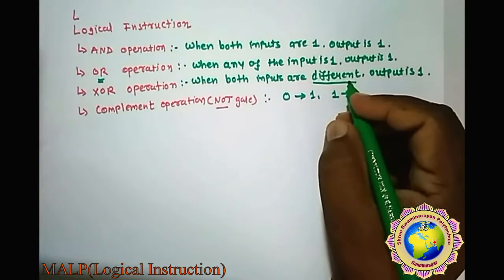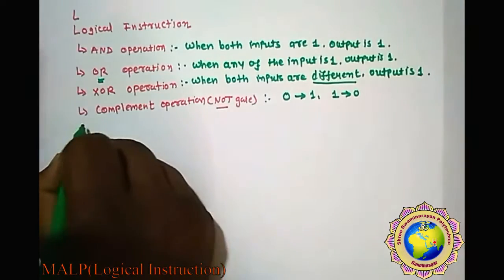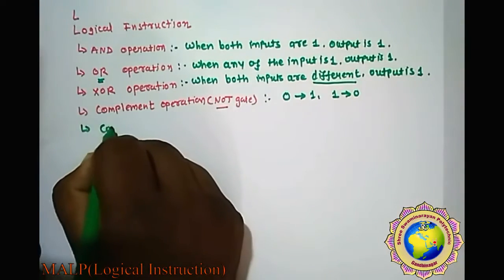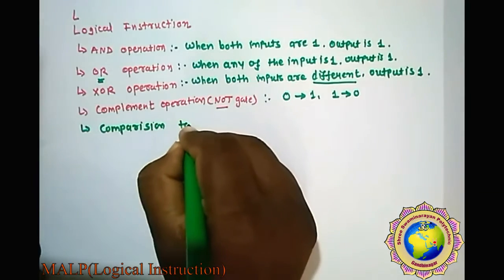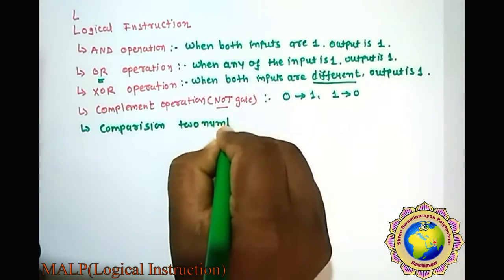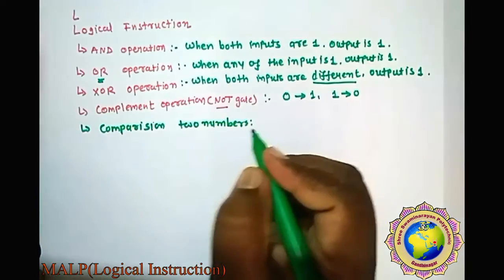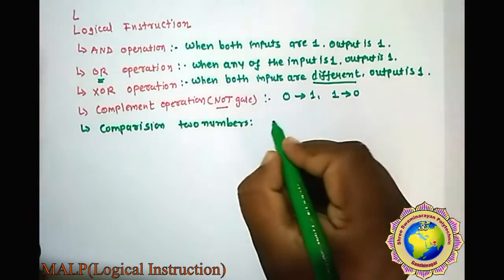In the logical instructions, the second thing is comparison. Comparison of two numbers. એ બે નંબરનું આપણને comparison પણ આપે છે. When we are comparing two numbers, there will be three possibilities.